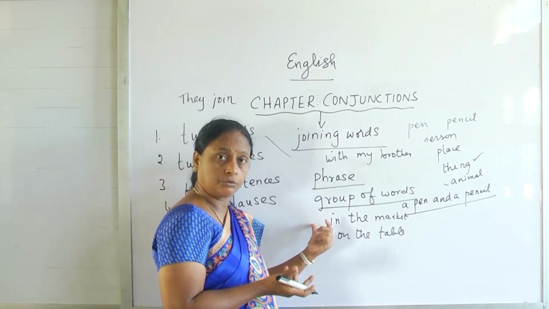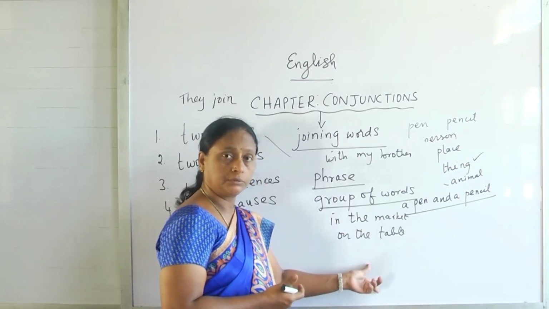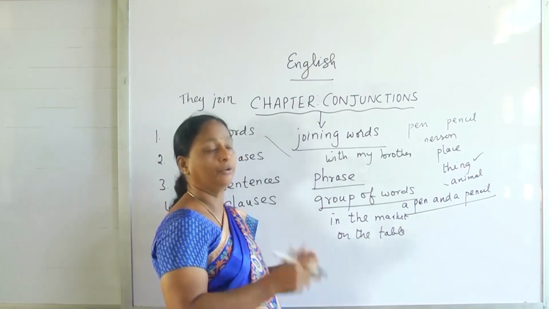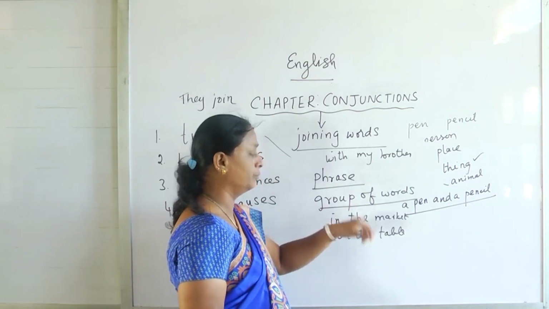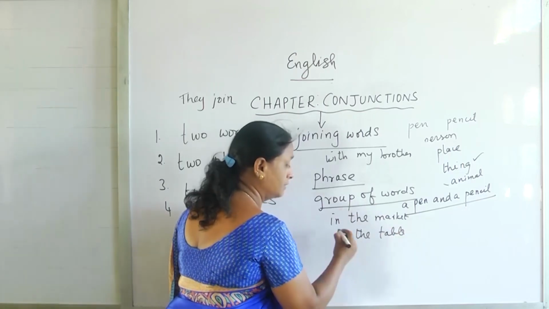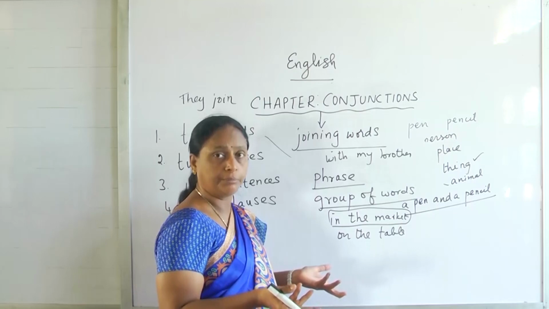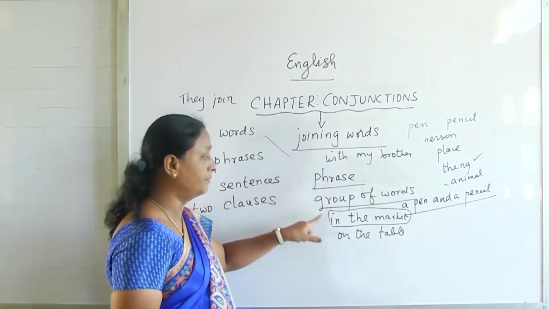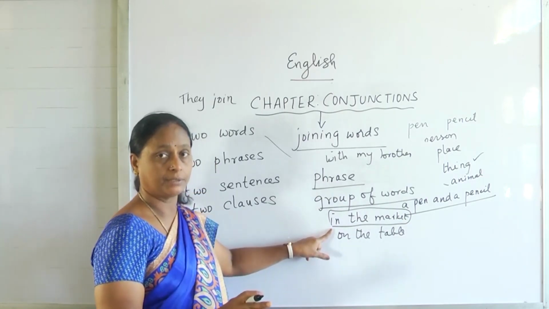What is in the market? Who is in the market? We don't know. What is on the table? What did you keep on the table? We don't know. More than that also I can write. See, more words, a group of words, but it doesn't give a complete meaning. So it is called a phrase. A group of words which doesn't give a complete meaning is called a phrase.